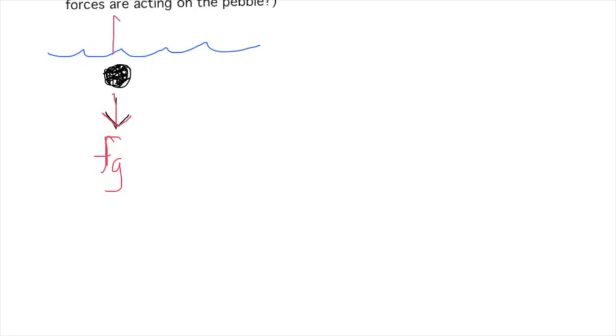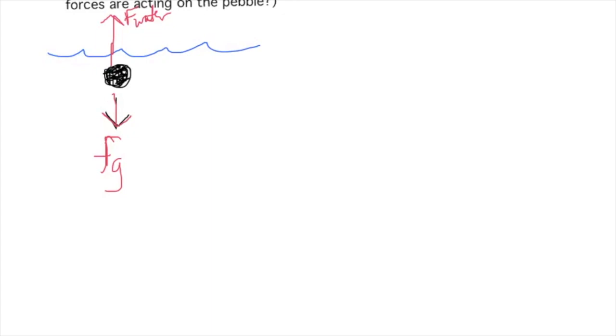There is the force of the water pushing back on that pebble as it falls through the water. In this particular case, we're not going to worry too much about any other outside forces, but there could be current or some other forces acting on this pebble in any direction. But these are just the two we want to think about right now: the weight of that pebble being pulled down because of gravity, and the force that the water is pushing back up on the pebble.